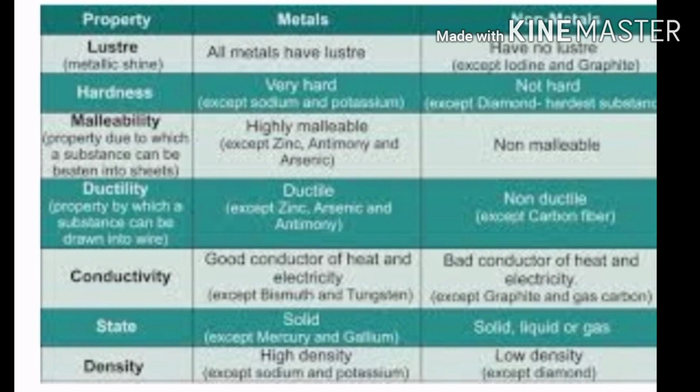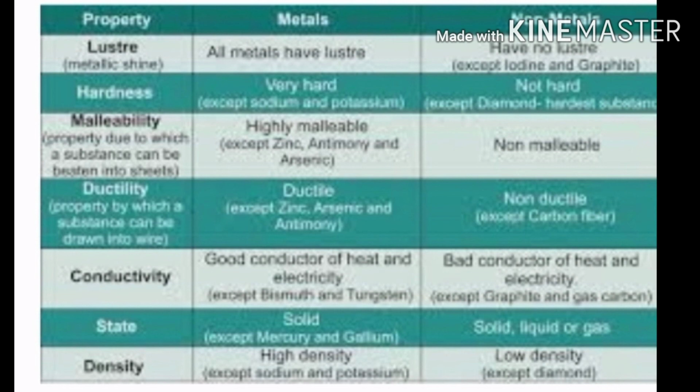Only bromine is a non-metal which exists in the liquid form. Density: metals have high density except sodium and potassium. Non-metals have low density except diamond, whose density is very high.